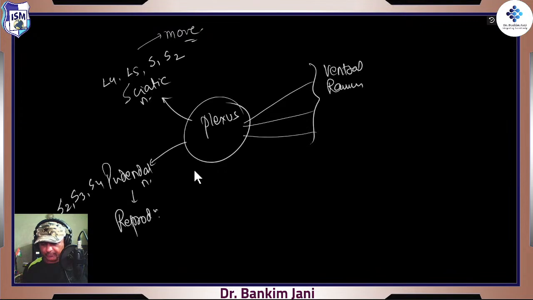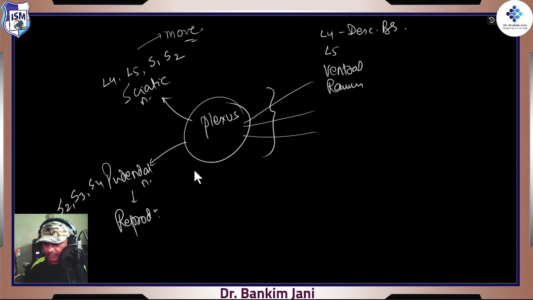When I say ventral ramus, it is ventral ramus from all, except in case of L4, it was just the descending branch. Otherwise, from L5 onwards, all are full. These fibers go for forming the plexus.